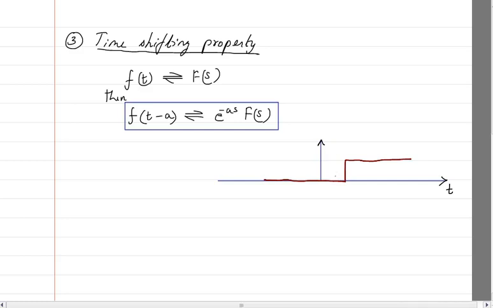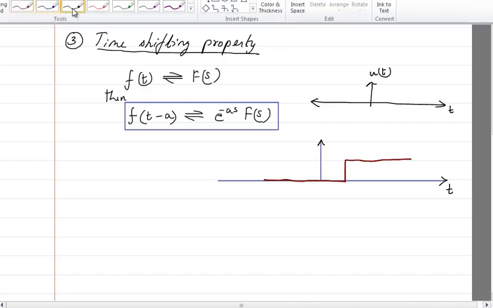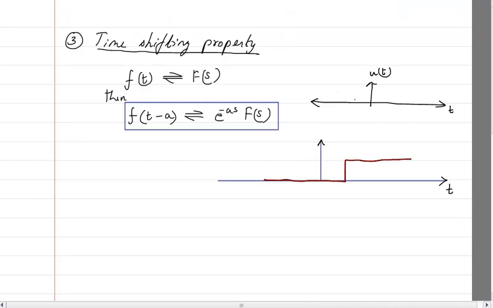Let me draw what the signal originally would have looked like. Originally, u of t would have looked something like this, changing at 0. But here it is changing at some other time, let's say 2.